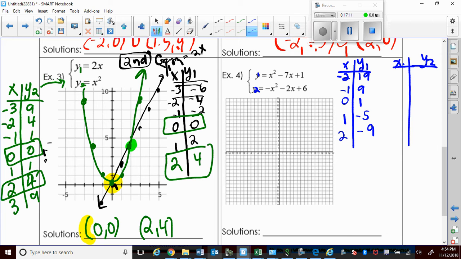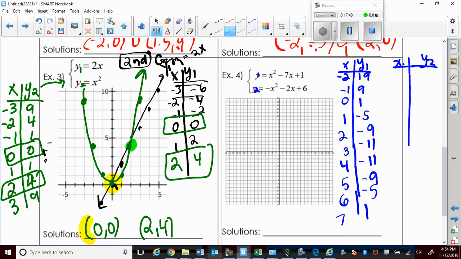Not a lot of good points here. 3, -11, and 4, -11. 5, -9, 6, -5, 7, 1. Okay? So a lot of points there.